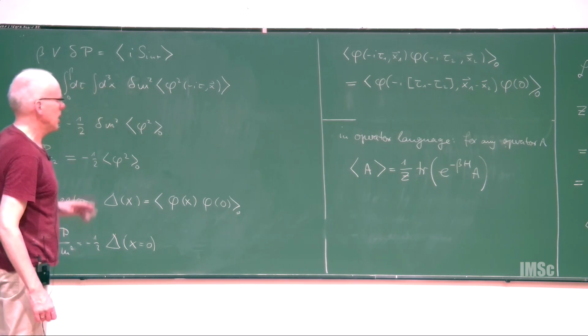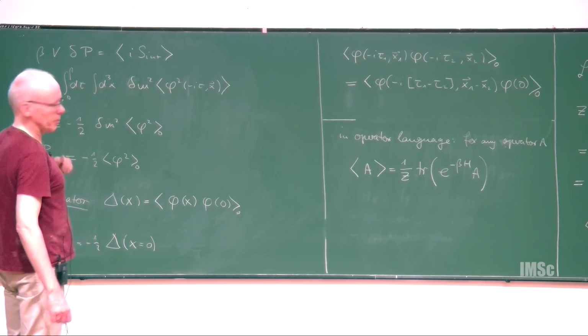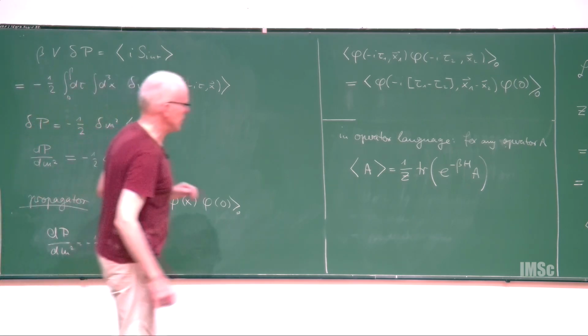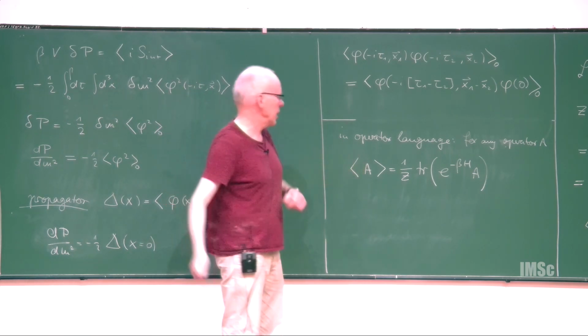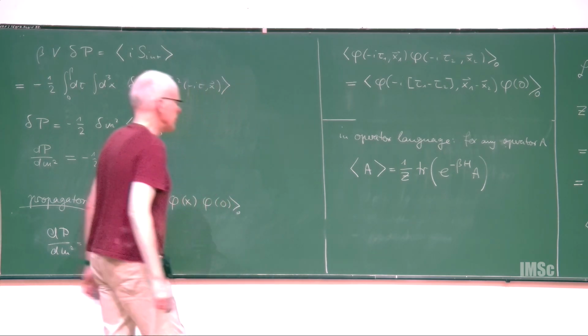Now we can also do this for the propagator. Instead of A, we could put a phi at one point and a phi at another point.